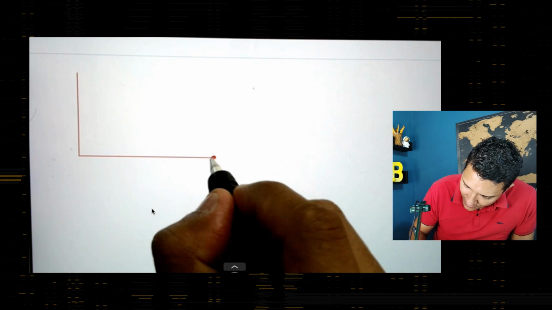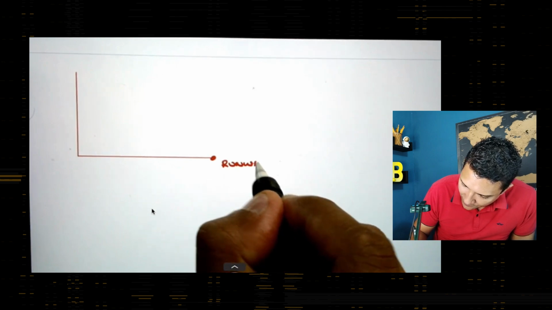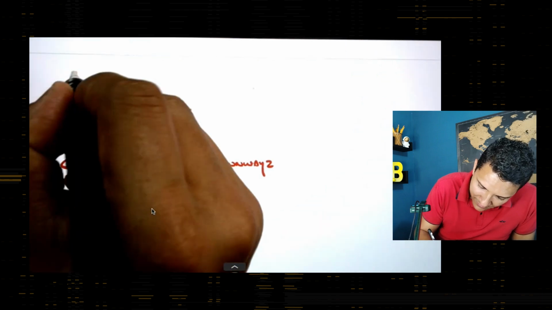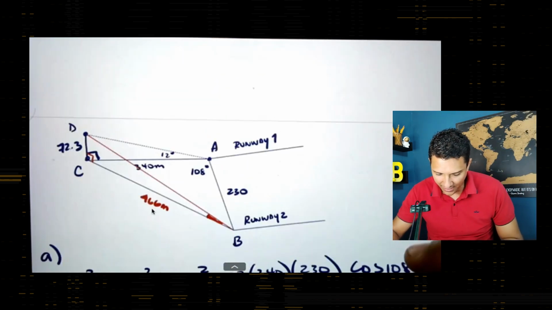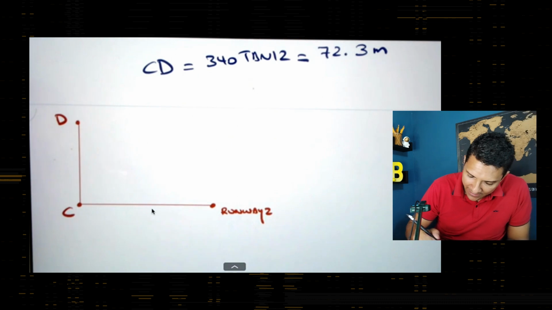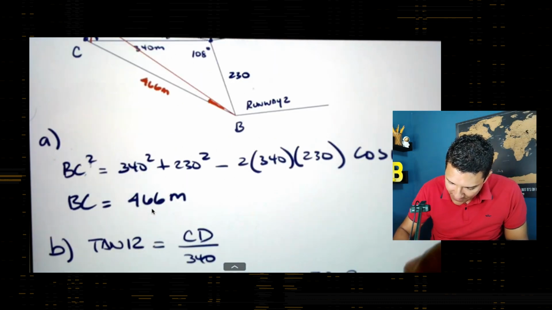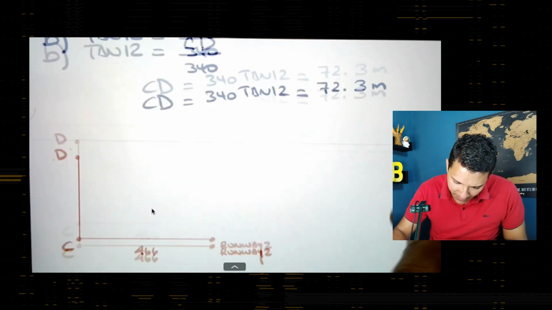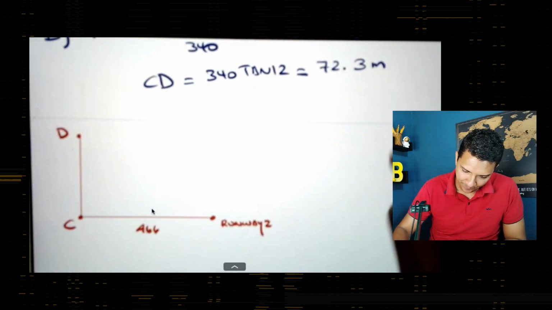Here we have the point of runway 2, and here we have CD. We know that this is 466, and the altitude is 72.3.